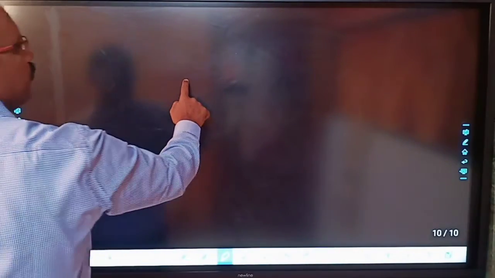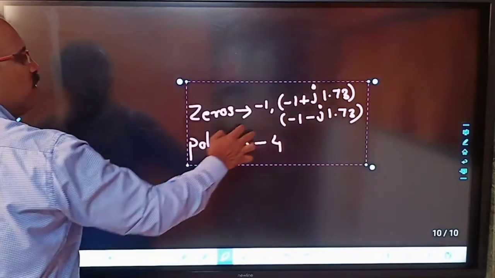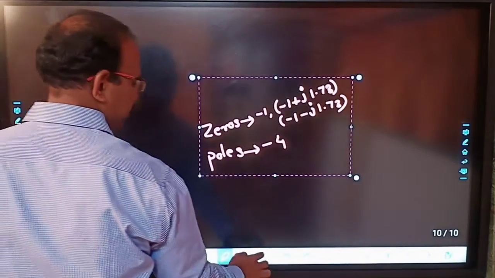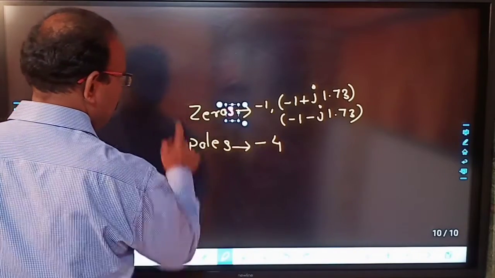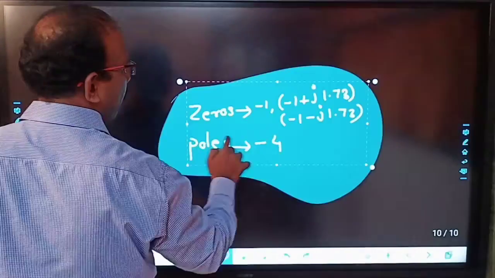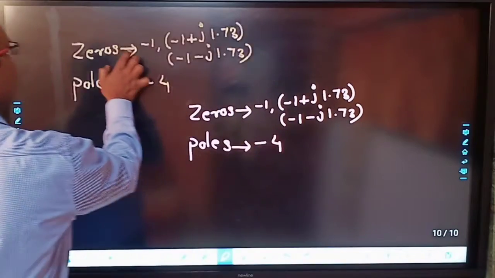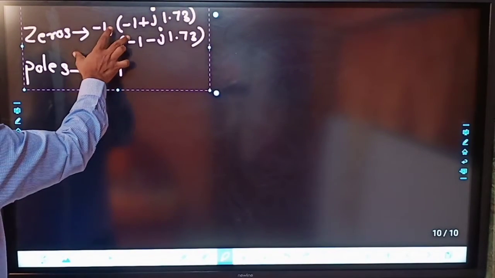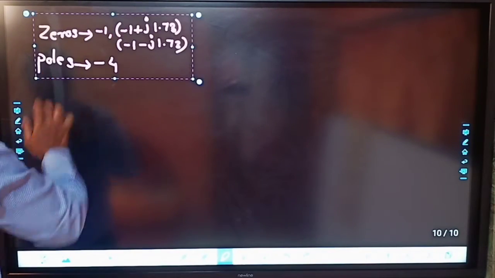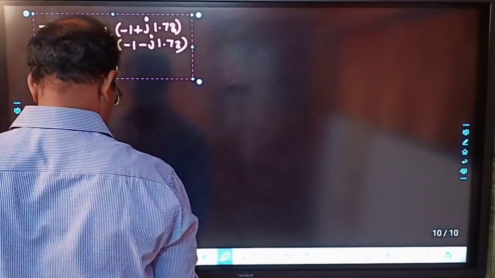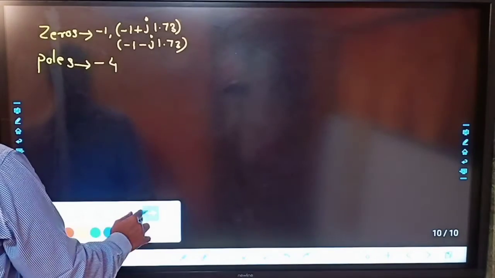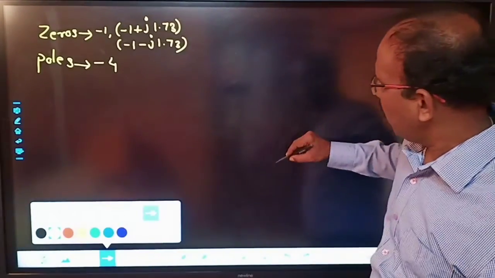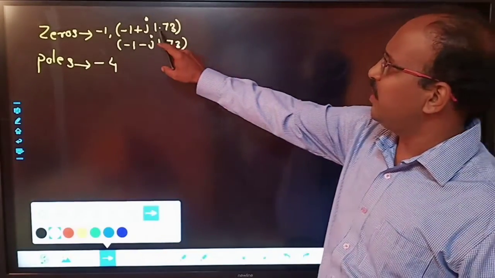Now here, you know poles and zeros, I mentioned here. So I draw the graph. I only consider negative part.